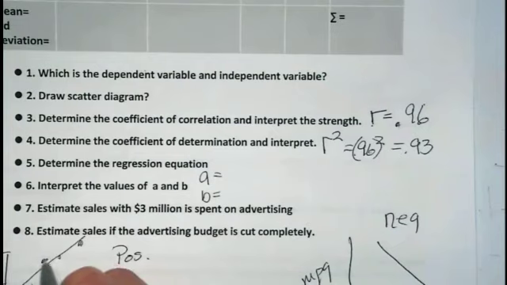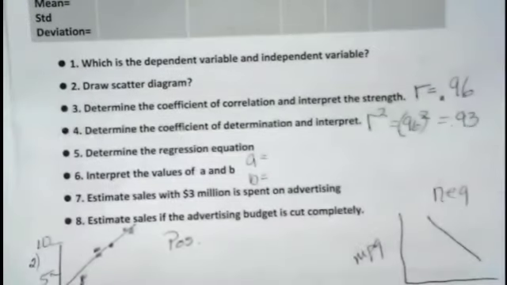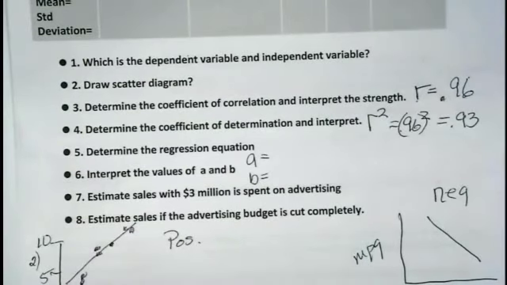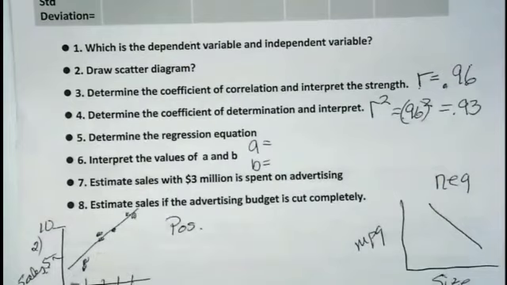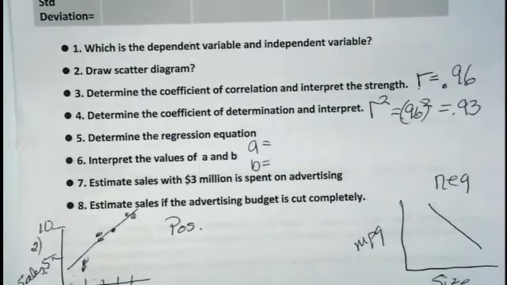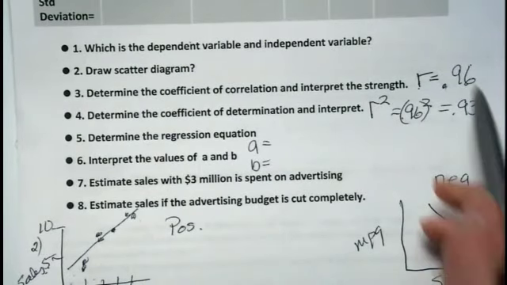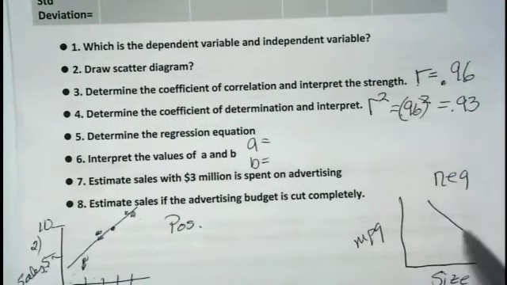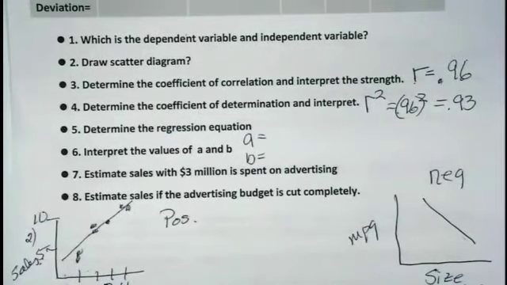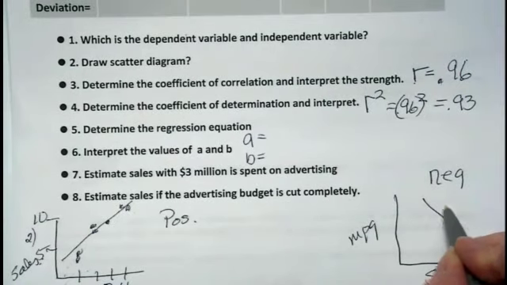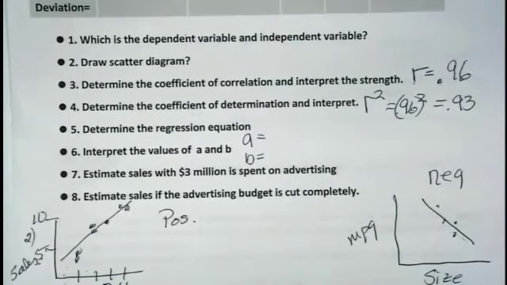It means these data points are very close to the line, and you have a good estimate between the amount spent on advertising and sales in this case. There's a strong relationship. If this number is negative, it means it's in the negative direction, and if it's close to -1, it means the data points once again are close to the line.